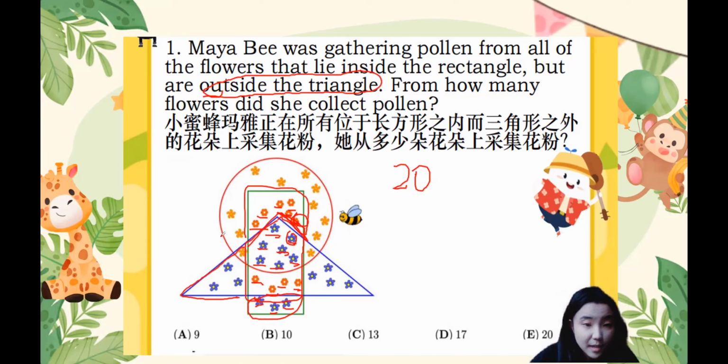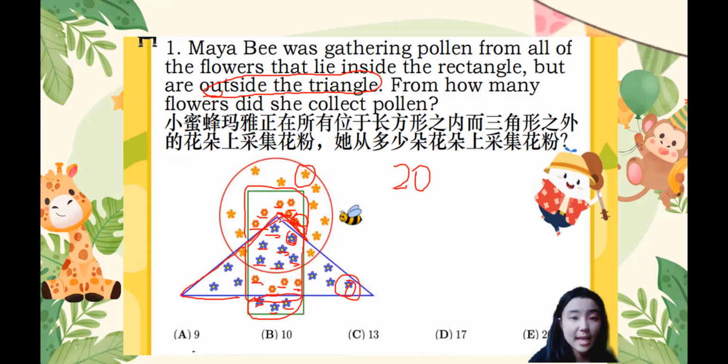Okay, so let's see. How many flowers are inside the rectangle but outside the triangle? Does this flower count? No, because it's not inside the rectangle. Does this flower count? No, because even if it's outside the triangle, it's not inside the rectangle.